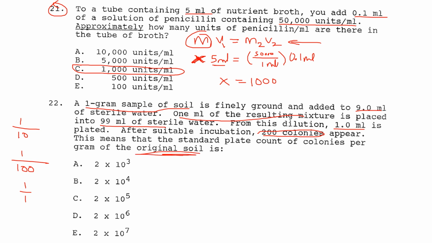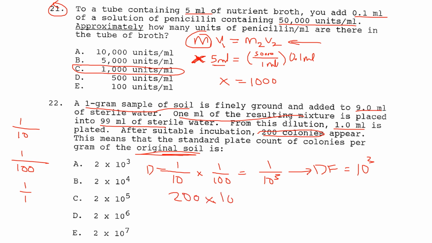Remember, we need to calculate our dilution to get our dilution factor. So this is our dilution: that is 1/10 to the third right there. And then the dilution factor is the inverse, so 10 to the third. We multiply our dilution factor by the number of colonies we see on the plate, and then we reduce this down so that it is 2 times 10 to the 5th.